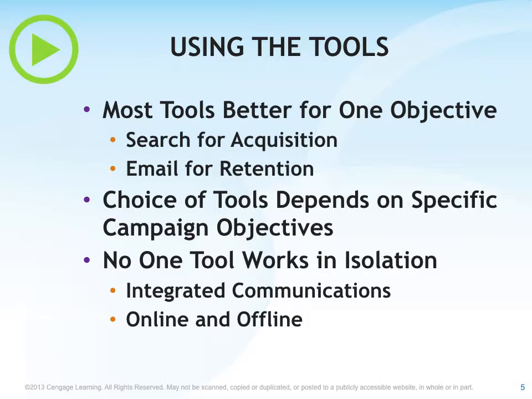So again, most tools are better for one objective, like search for acquisition, email for retention. That would imply that one technique is good to stop somebody, to create awareness or interest, and that something like email, which is an ongoing communication service, is more effective in staying in conversation or communication with somebody that already knows you.